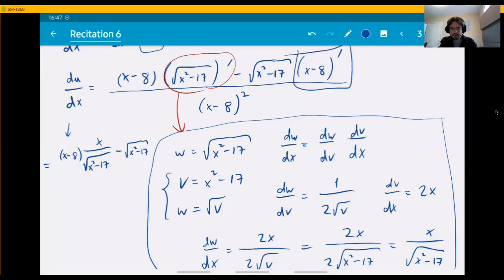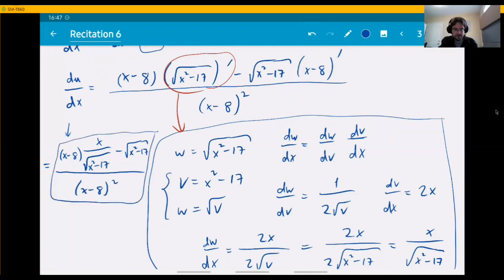The derivative only hits the x, and that's a 1, whereas minus 8, the derivative of that is 0. So that's all you have for that second term, divided by (x minus 8) squared. We don't have to simplify this, although we could. This is the derivative, du/dx.